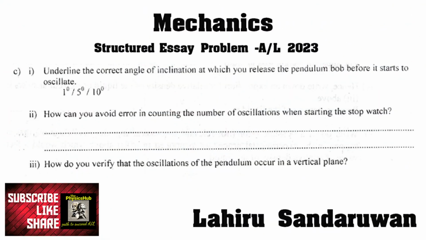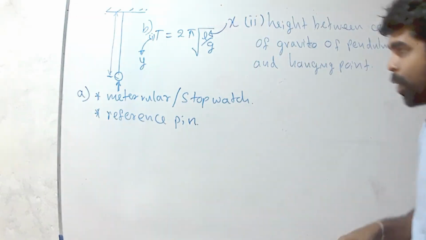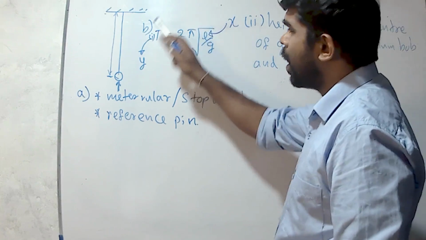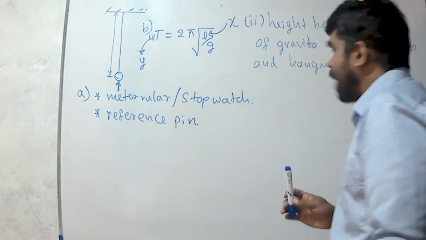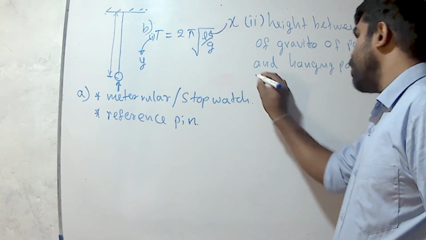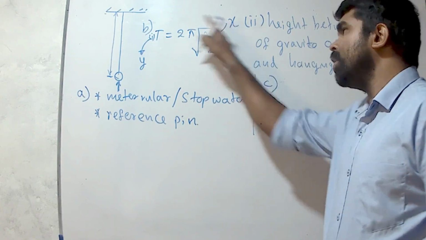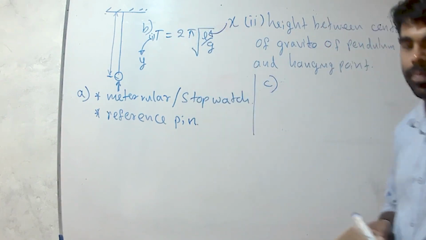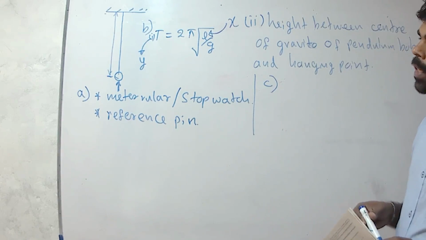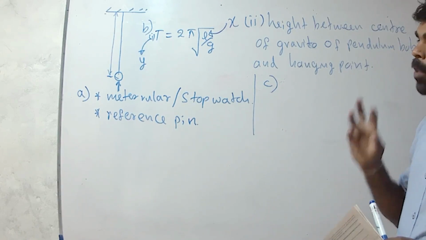Then part C1. Underline the correct angle of inclination at which you release the pendulum bob before it starts oscillation. We have used this equation for the practical. We have derived this equation by using a hypothesis.